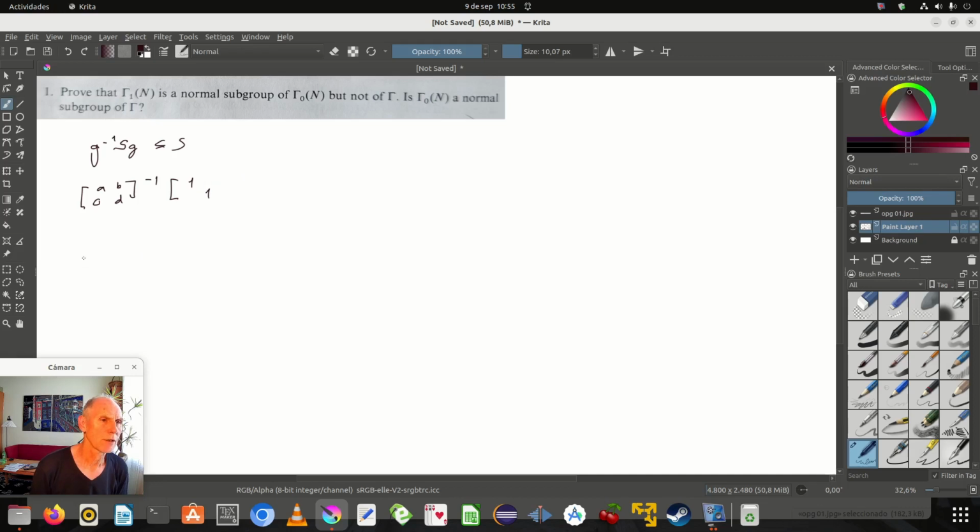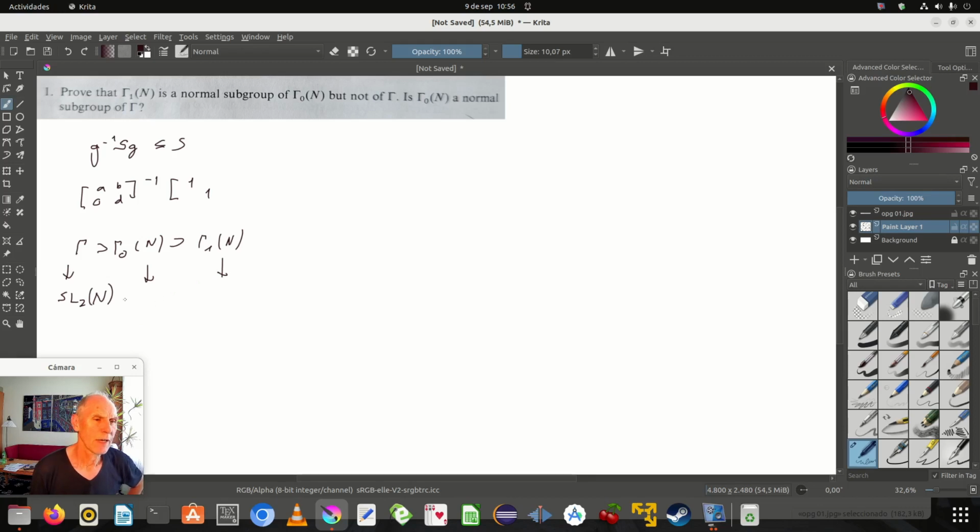That means that I actually take gamma naught of n and gamma 1 of n and project them to SL2 of Z/n, and their projections.